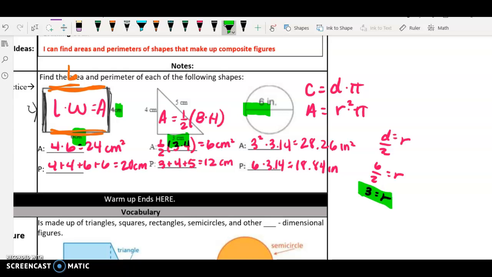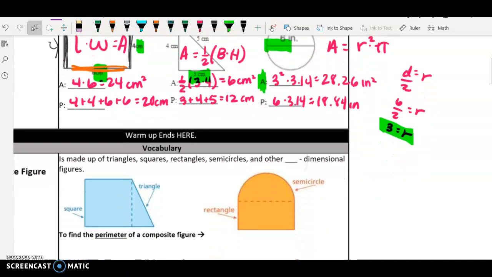And then our perimeter is just our circumference, so that is our diameter times pi, so that's 6 times 3.14, and we get 18.84. So we learned last class how to find the area of a circle. So this first part right here was 9.2, and then our perimeter or our circumference was 9.1.